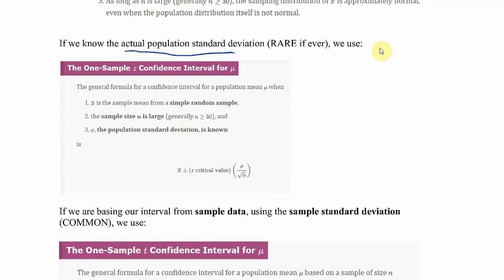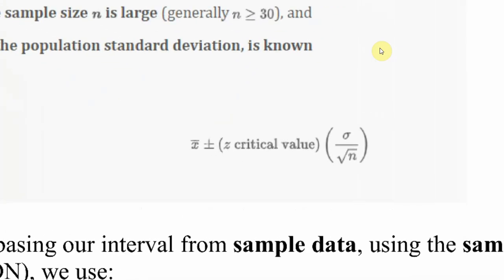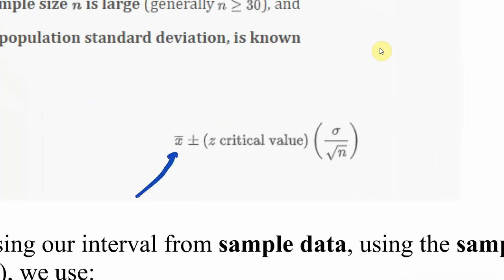The general formula for a confidence interval for a population mean mu, when 1, x bar is the sample mean from a simple random sample, 2, the sample size n is large, generally greater than or equal to 30, and 3, the population standard deviation sigma is known, is pretty similar to the last one. We have our sample average this time, plus or minus our z critical value, the number of standard deviations from the mean we want to go.